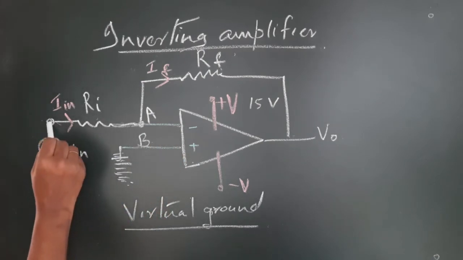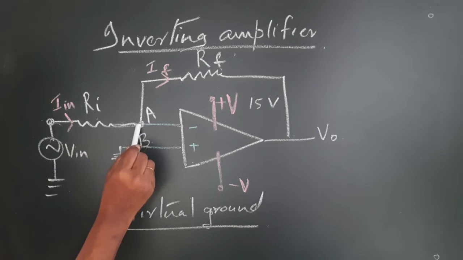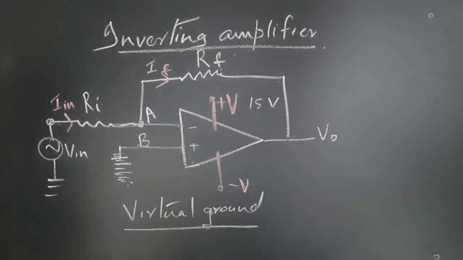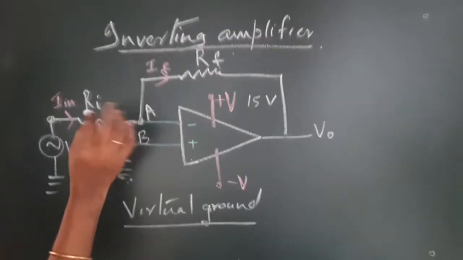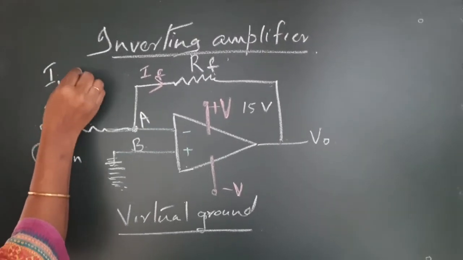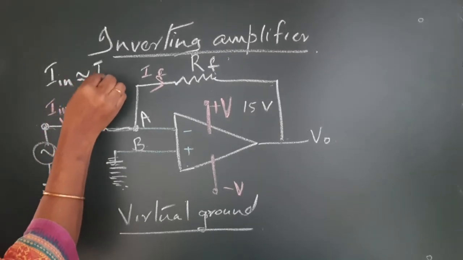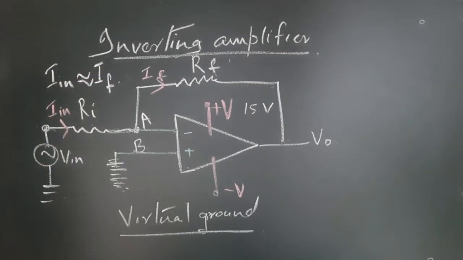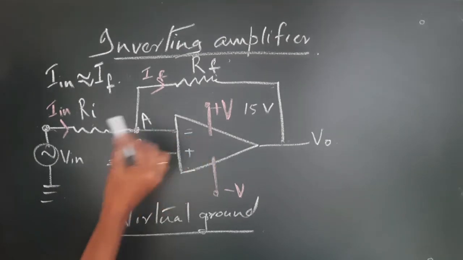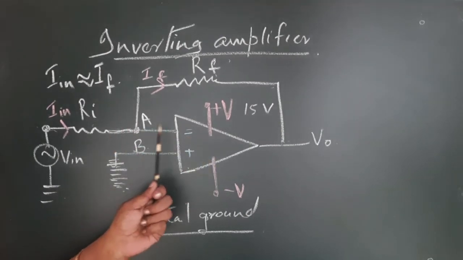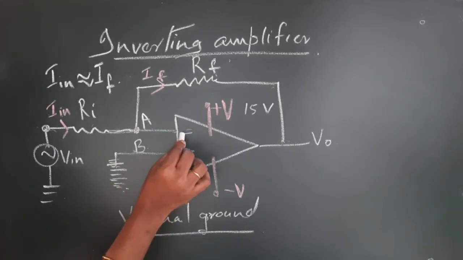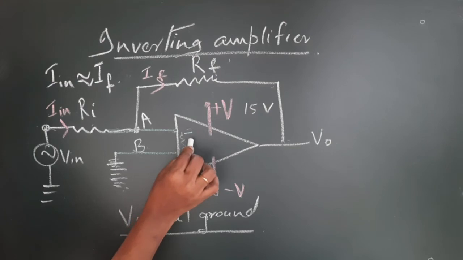So, all the current flowing through this will be forced to go through this RF. Almost all the current, I would like to put it as I in is almost equal to IF. Only a very small current, in the order of say microamperes, would enter this op-amp, because the input impedance of this op-amp is very high.